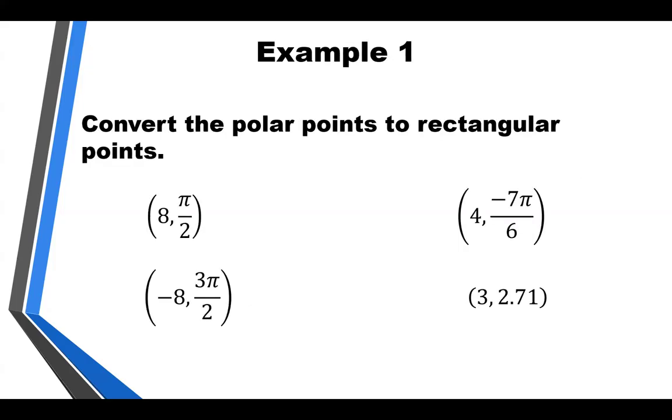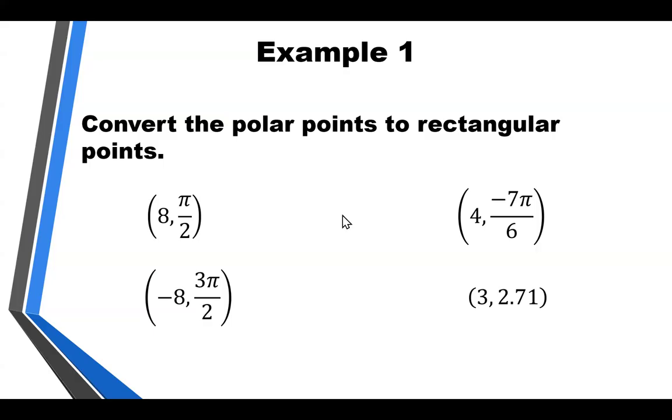Now we can convert both points and equations. Let's start out by converting points. Let's take some polar points and convert those to rectangular points. If you want to try a few of these on your own, feel free to do so.